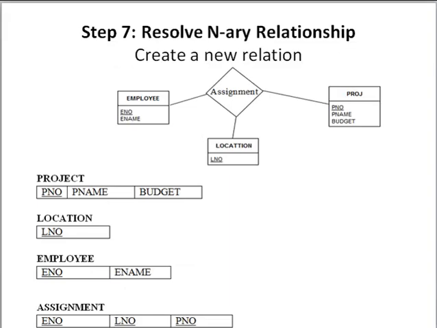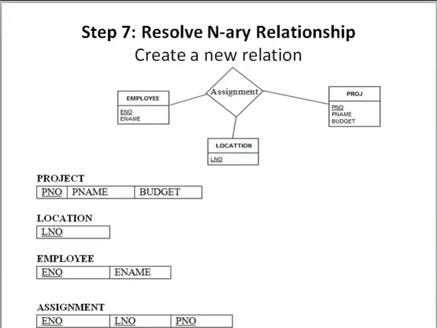And step 7, we have a tertiary relationship here. So it's not N, but 3. And what we do here is we add a new relation to get rid of this relationship and add foreign keys.